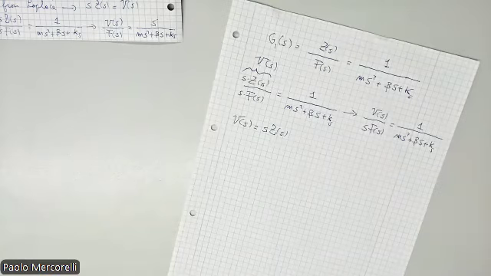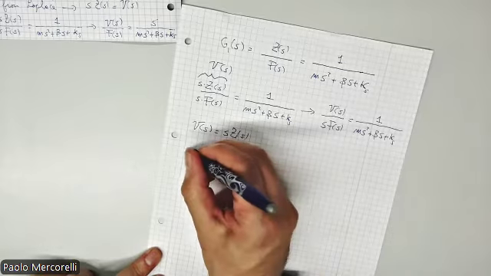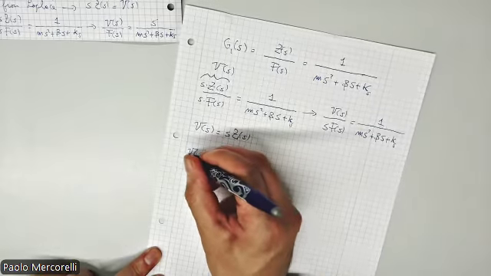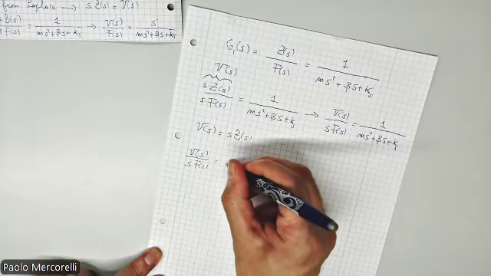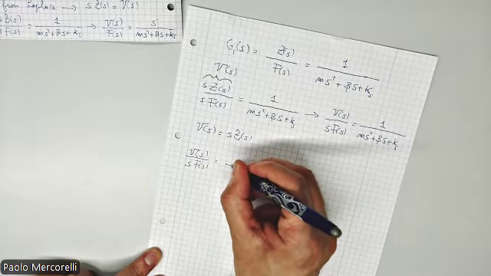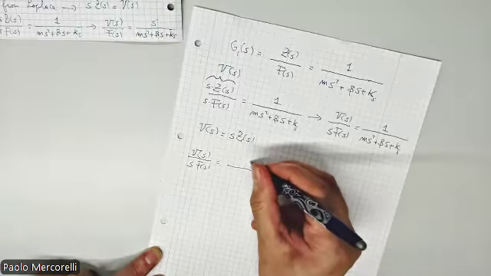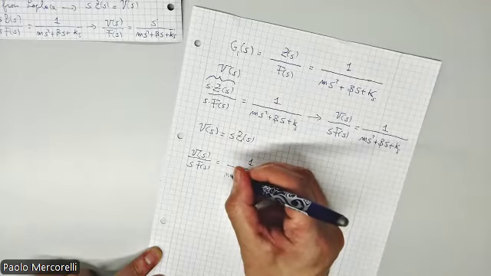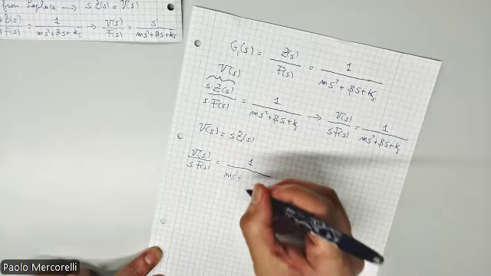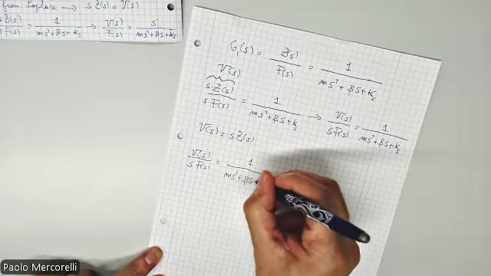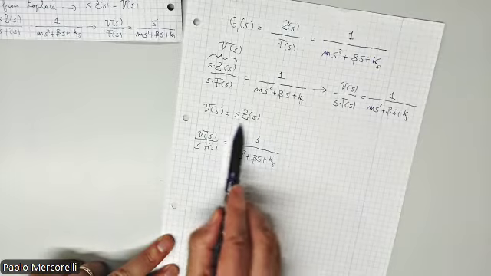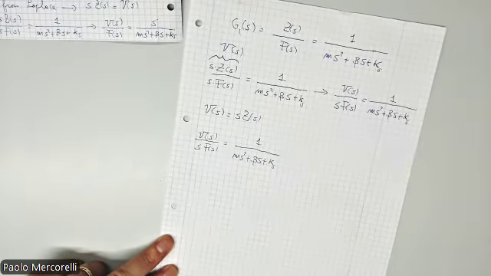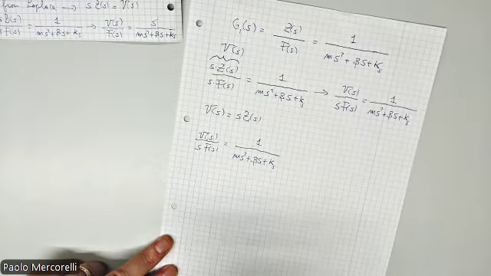Clear, no? Now, let me write this again. So at the end, you cannot say that I didn't explain. At this moment, I didn't change anything. This expression here can be written in this form.